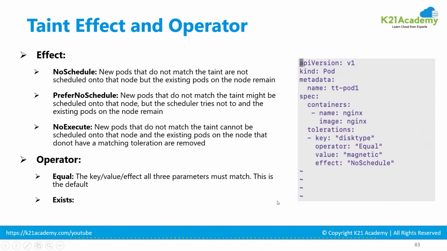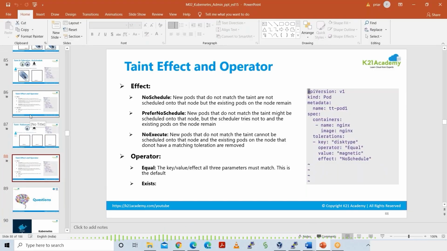Similar to the Equal operator, there is also an Exists operator. The Exists operator needs to be defined inside the toleration part, and if the key exists, only then will it get tolerated. So if your disk type exists as magnetic, only then don't schedule it, right?